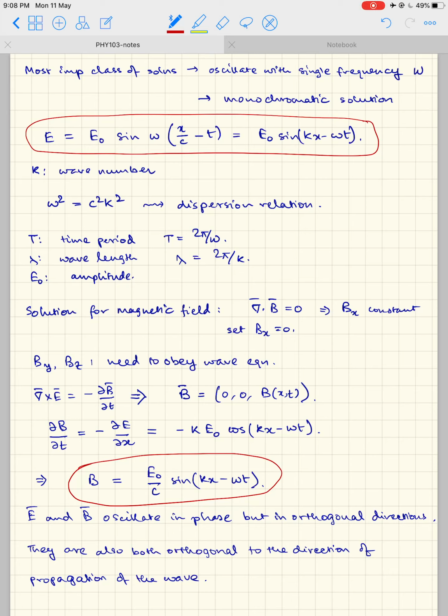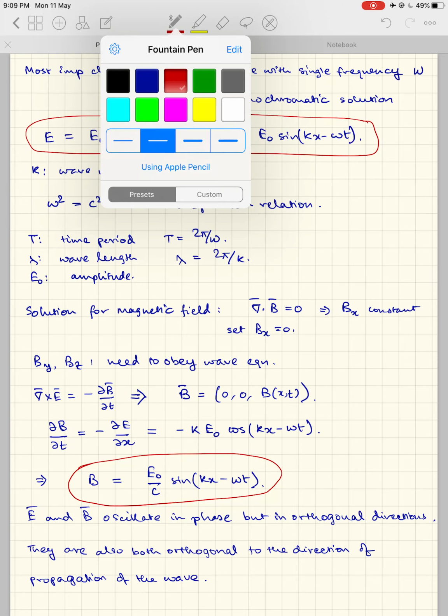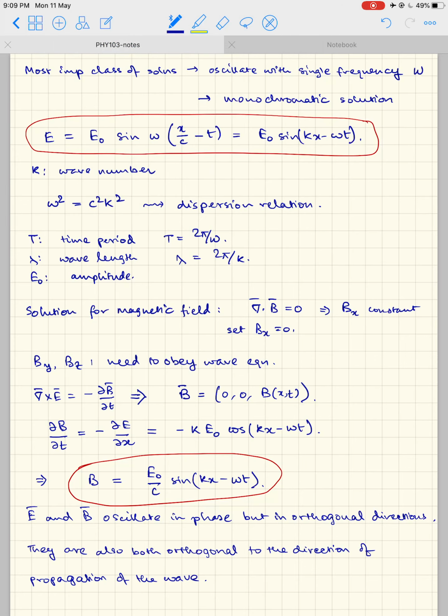This is essentially something which is called the principle of superposition. Let me make sure that we emphasize this, I'll just write this down for you.